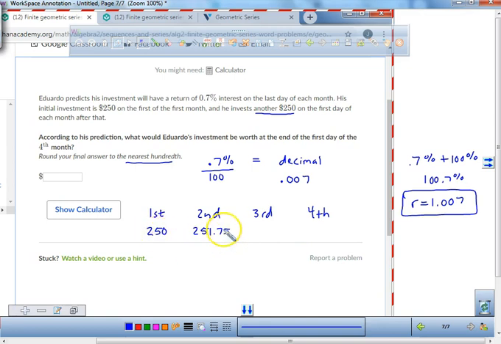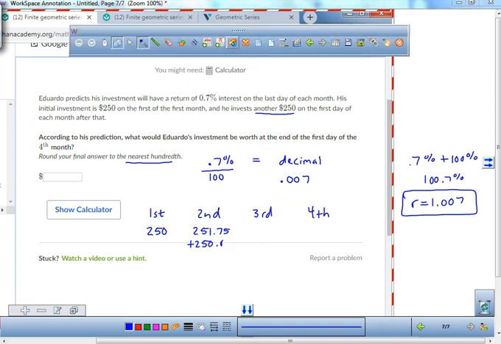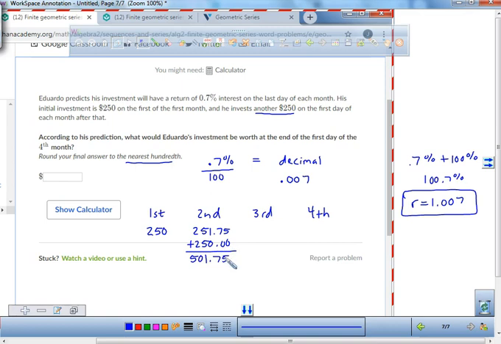So what's going to happen now? He's going to invest another $250. Right? And so that's going to get us to $501.75. So basically, on the last day of the month, he gets that.